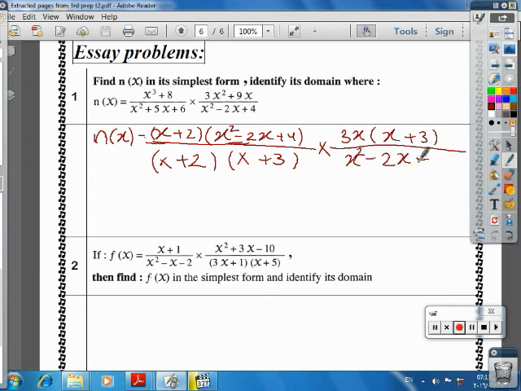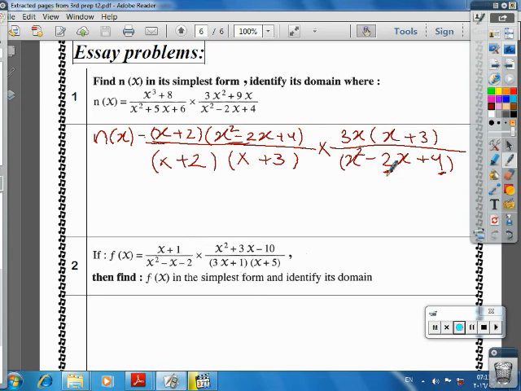Can that be factorized? No, we can't factorize it. We can't find two numbers whose product is 4 and sum is negative 2.